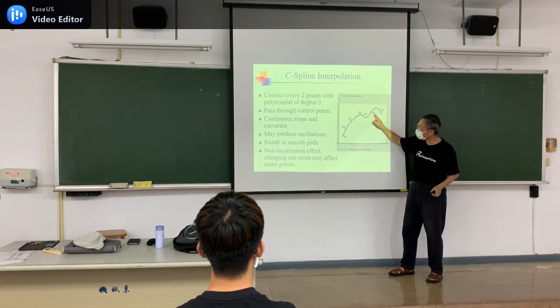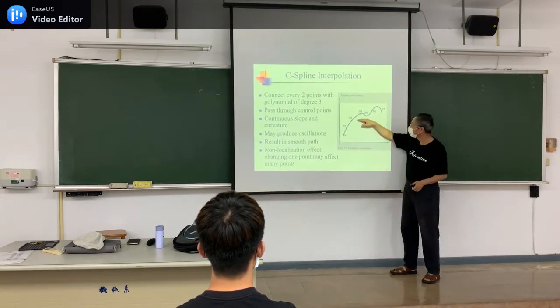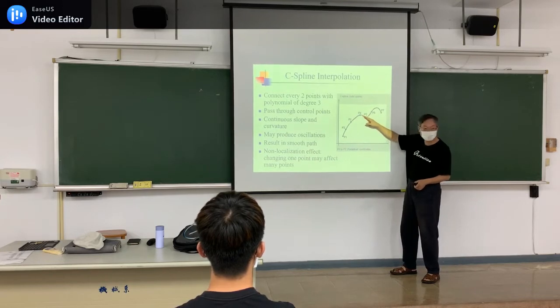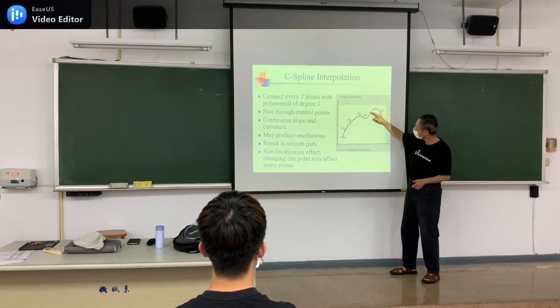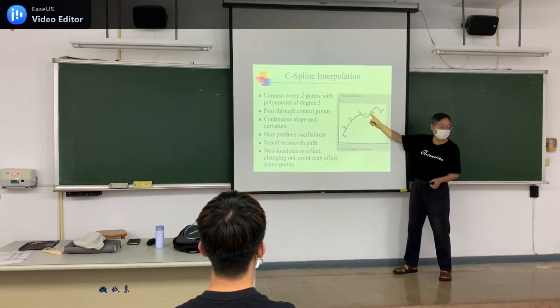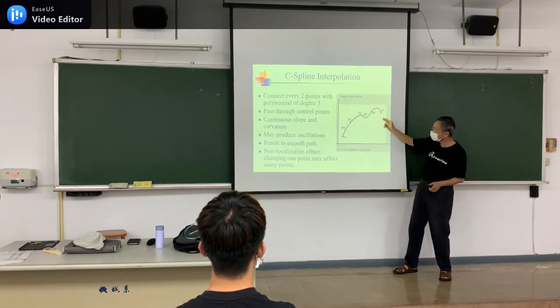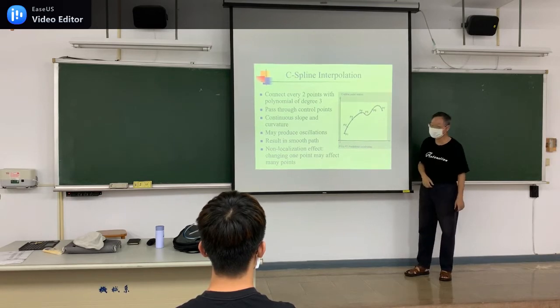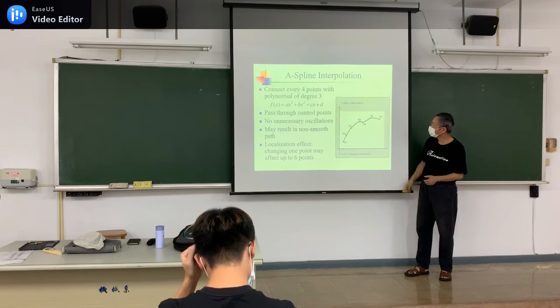But in order to have continuous slope and curvature, it will result like this. Similarly for this one, P6 and P7, in order to have a continuous slope and curvature, you have this result. Not like this.